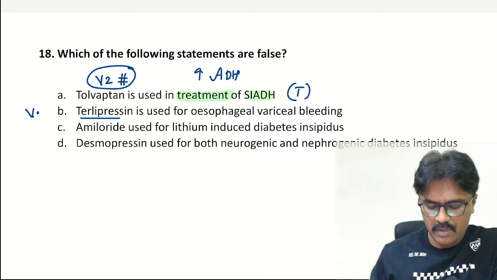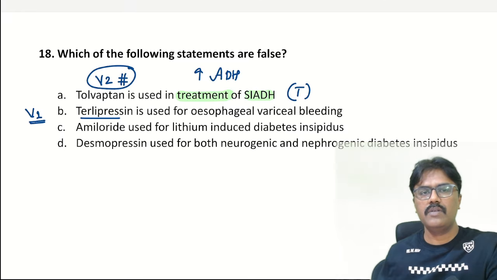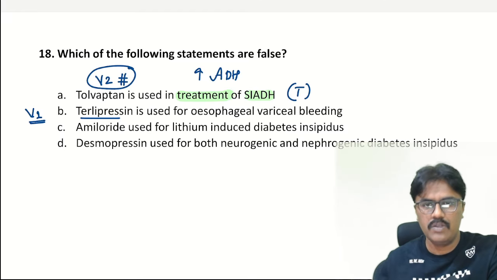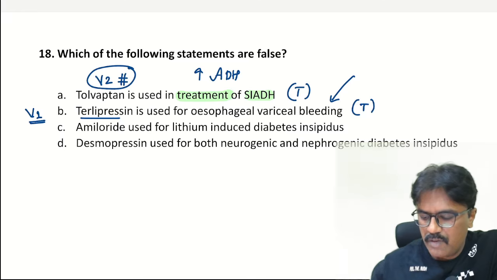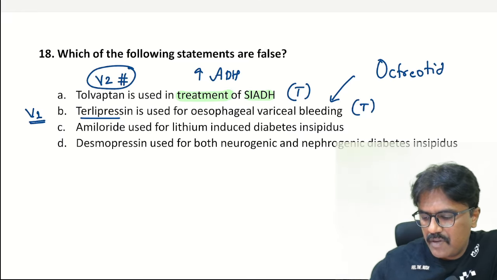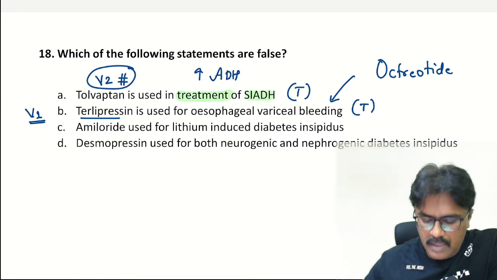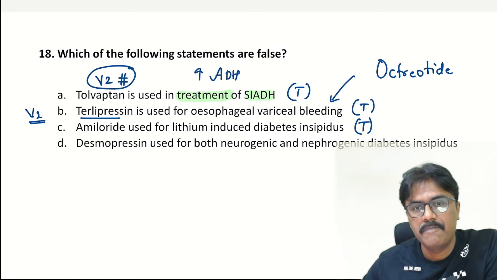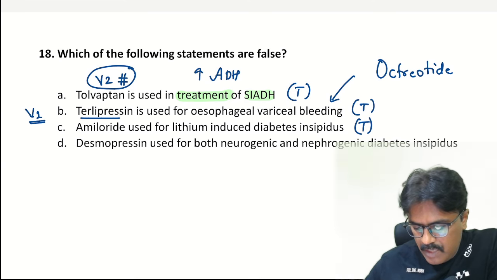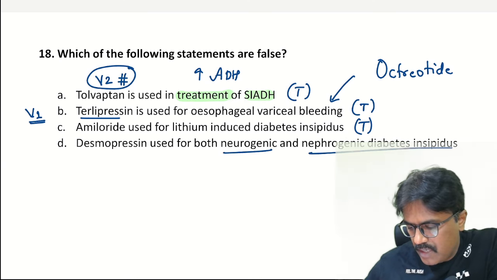Terlipressin is a V1, vasopressin 1 receptor agonist used for esophageal varices. True. One more drug which is used for esophageal varices is octreotide. Remember your surgery. Amiloride for lithium-induced diabetes insipidus. True, just now we discussed. Desmopressin can be used for both neurogenic and nephrogenic diabetes insipidus.